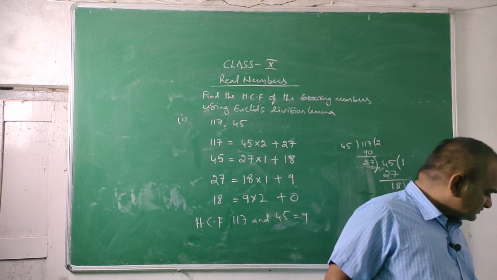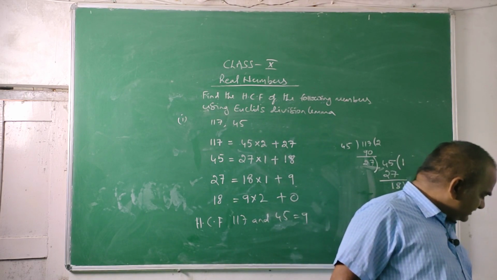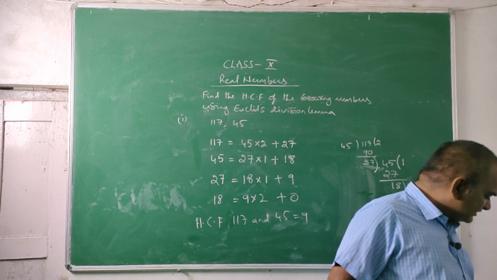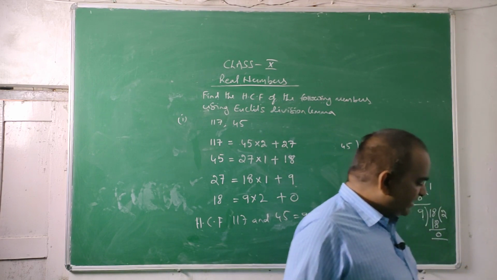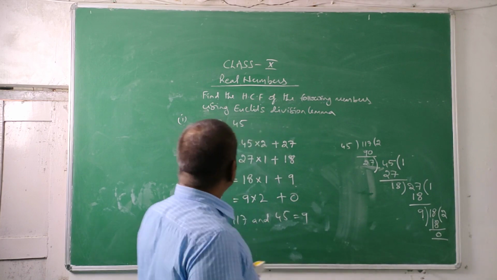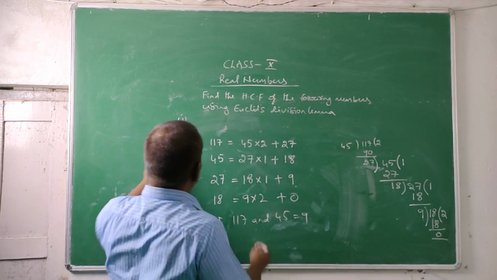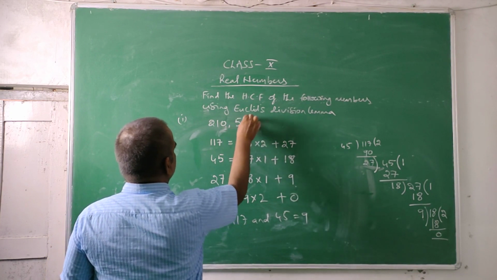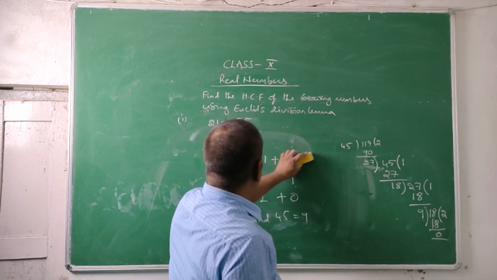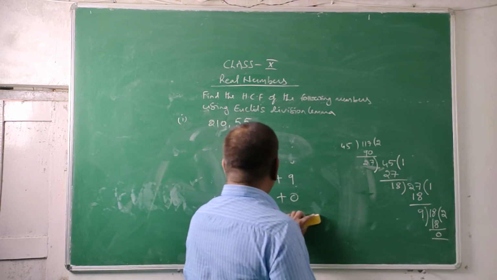Now, the second problem is, find the HCF of 210 and 55. So now solution using Euclid's division lemma.